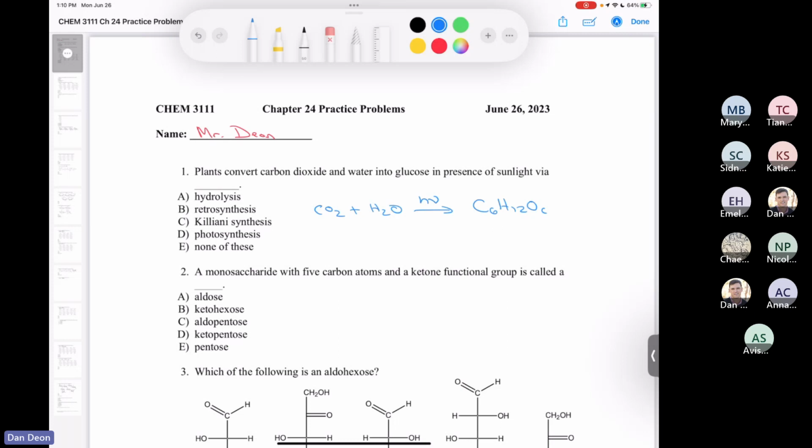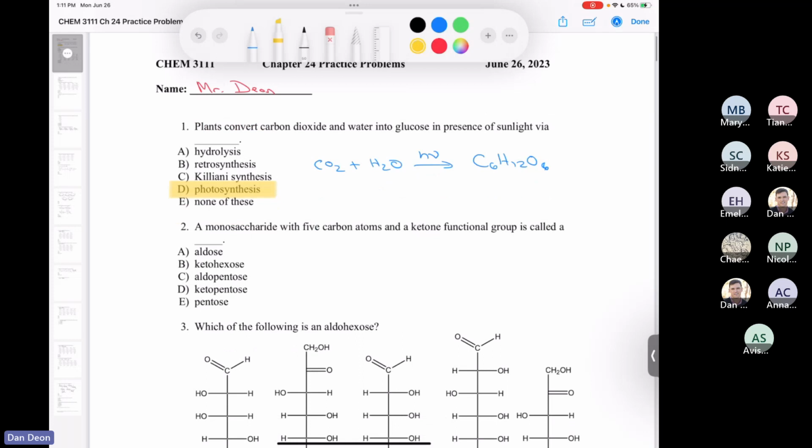You can take the time to balance out the equation if you want. But anyhow, did anybody get this one? What would be the correct answer, A, B, C, D, or E? Yeah, I know you knew that one. It's photosynthesis. I don't remember everything I did in the third grade, but I do remember learning a little bit about photosynthesis. So photosynthesis is that process.